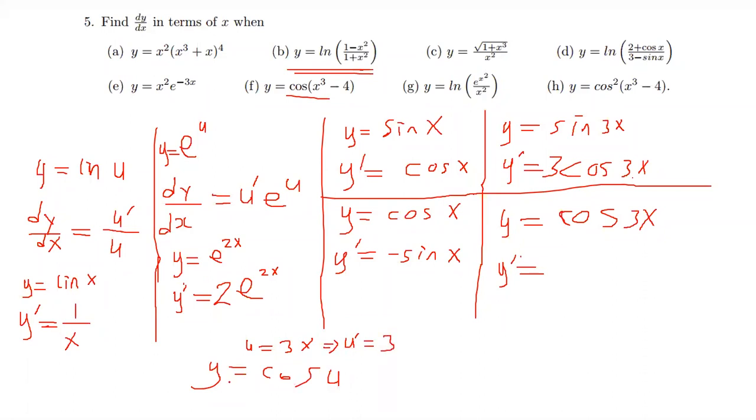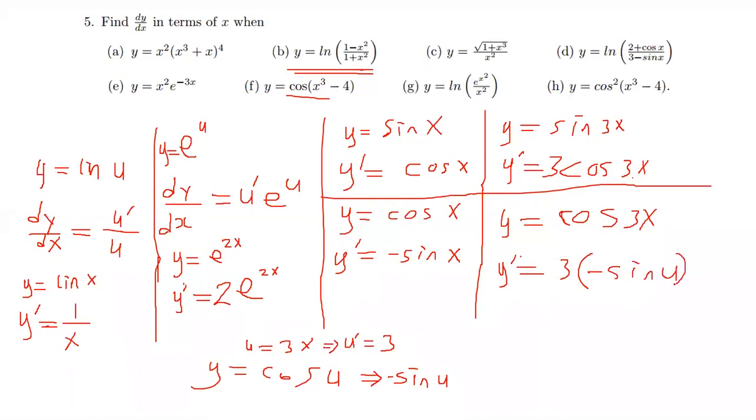And then when you find dy/du this side, you are going to get negative sine u. So now when we put that in the chain rule, dy/dx is du/dx, which is 3, multiplied by dy/du, which is negative sine u.